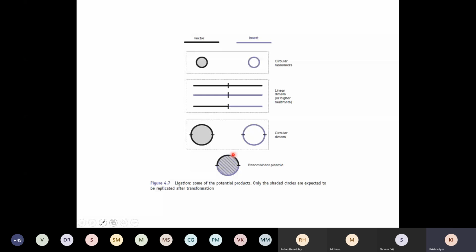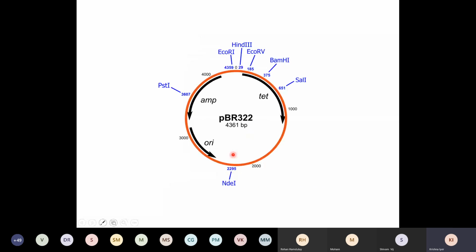Remember I told you this is where your vector's properties become very important. Let us say, for example, I take pBR322 and cut it with PstI. I'll make a cut here.